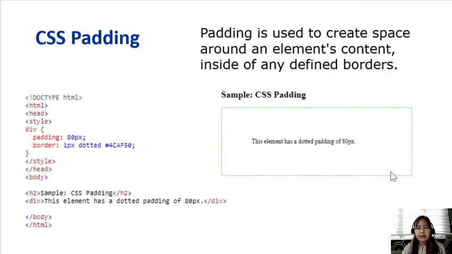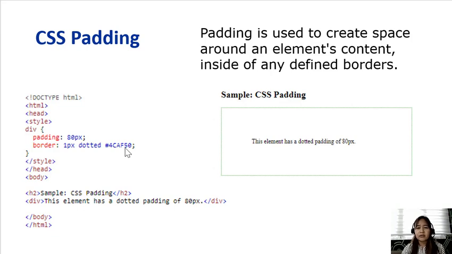Now this one is another example. So in this case, the padding is 80 pixels. The border is only 1 pixel in width, so that explains why the size of your line is very small. The type is dotted, and the color is now using hexadecimal. So of course you can also use hexadecimal, as what I have mentioned earlier.